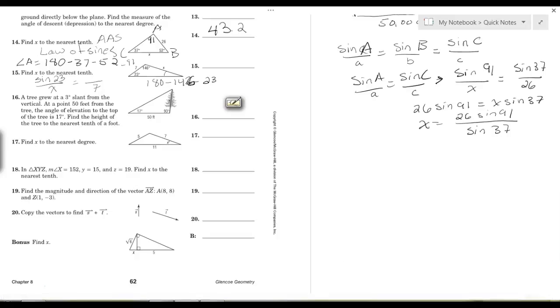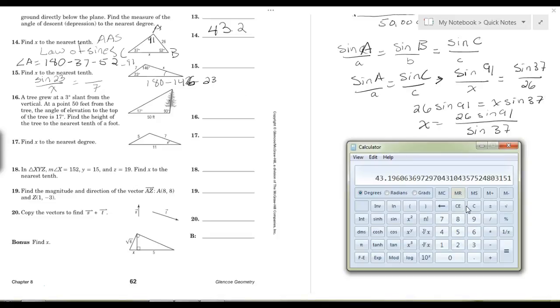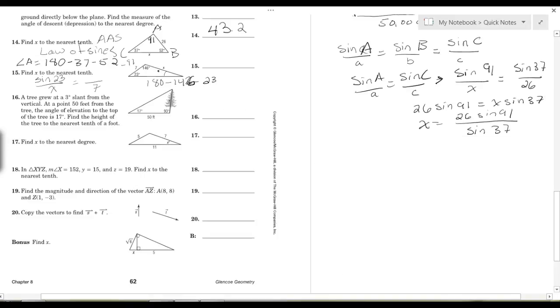I'll put that into my calculator. So 180 minus 146 minus 23 leaves me with 11 degrees. So over here, my angle is 11 degrees.